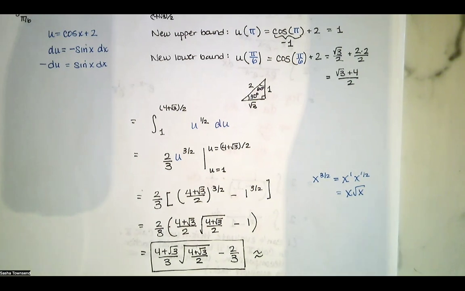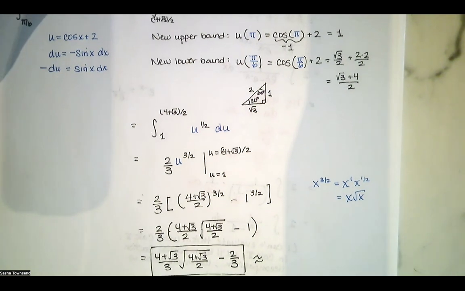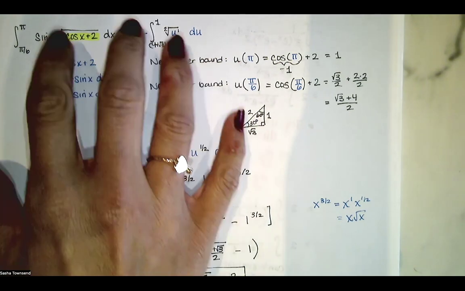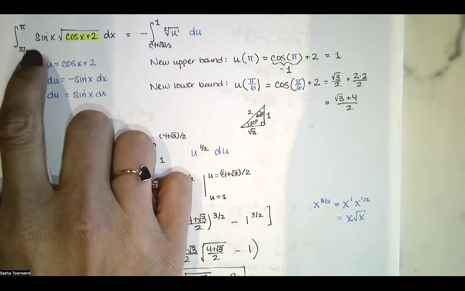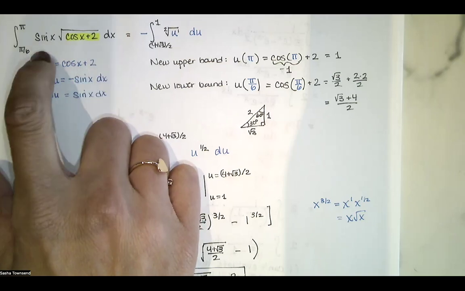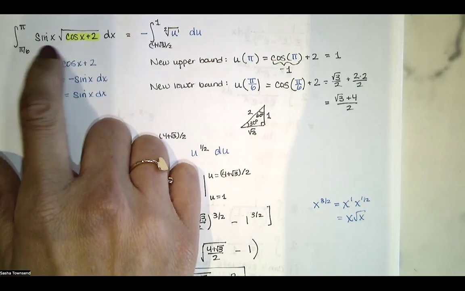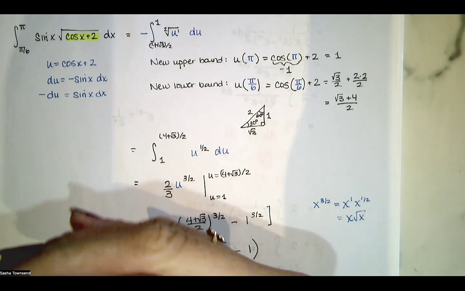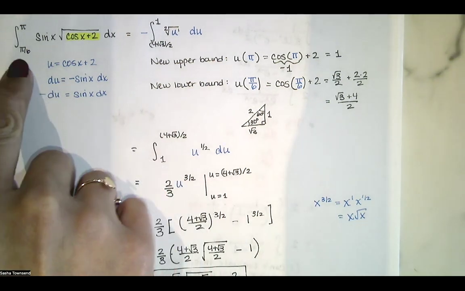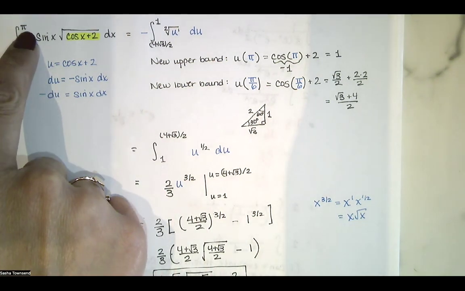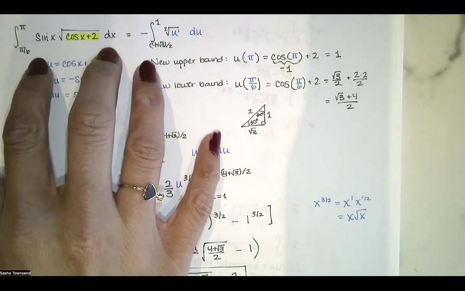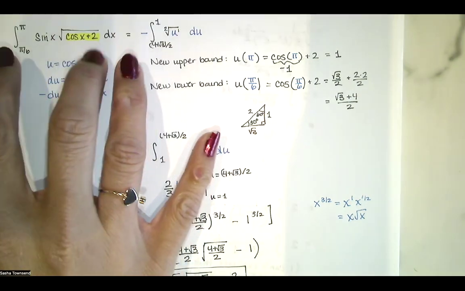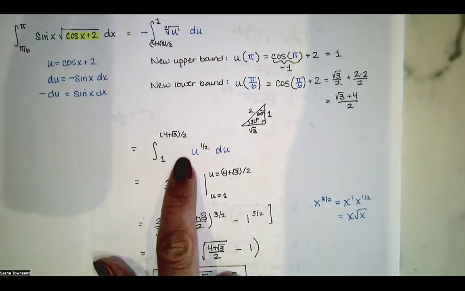Now, one thing that I want to show you, and this isn't something that I've spent a lot of time looking at, but when we make this change of variables, we're taking this area that is between the graph of this function and the graph of the x-axis, that's y equals 0, and the vertical lines x equals pi over 6 and x equals pi. That area, what we're saying when we do this u-substitution for a definite integral, is that area is equal to this area.